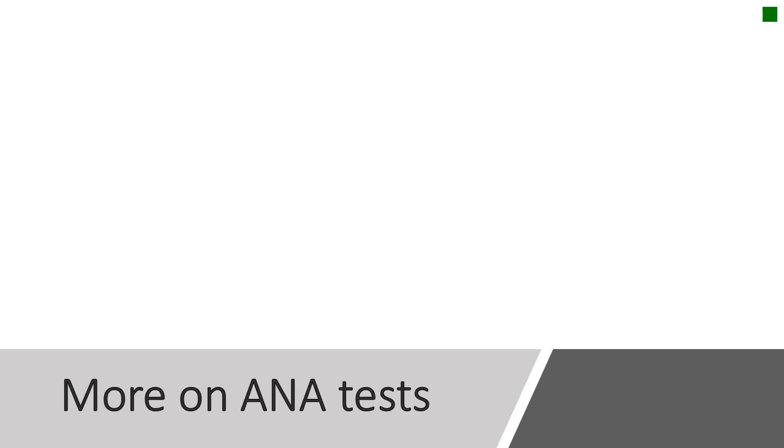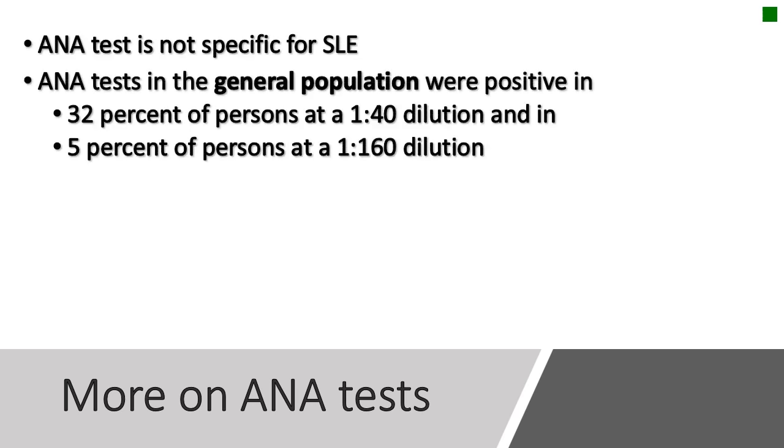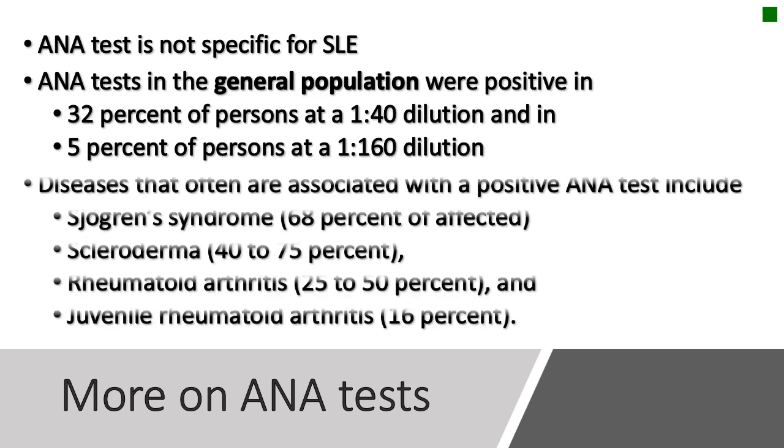As far as the anti-nuclear antibody tests go, even if they test positive, they could also be relating to other diseases, not specifically SLE. 32% of people will test positive in the general population at the 1:40 ratio, and 5% of the people at the 160 dilution ratio.